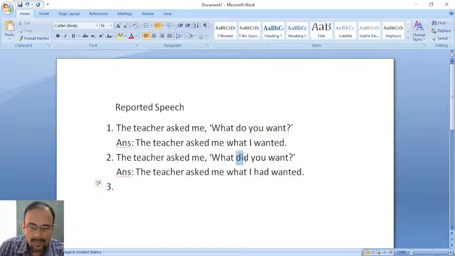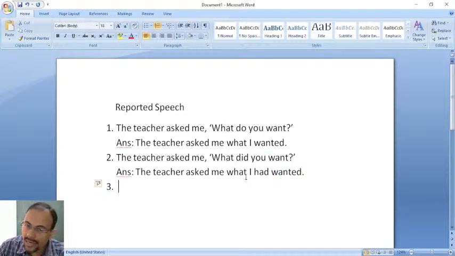So from simple past it will become past perfect, right? The teacher asked me what I had wanted. What do you want? Simple present becomes what I wanted, simple past. And here simple past becomes past perfect.